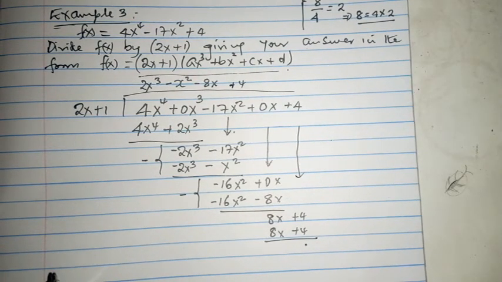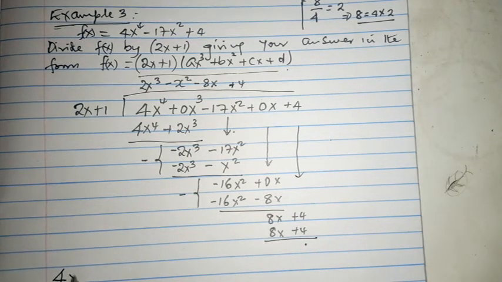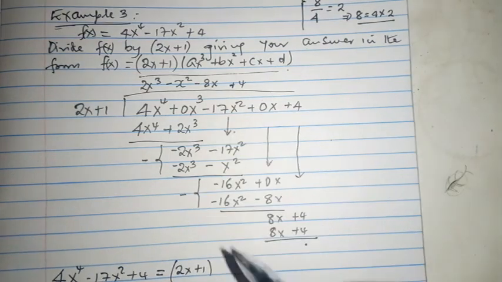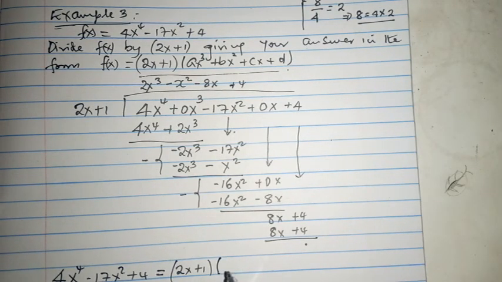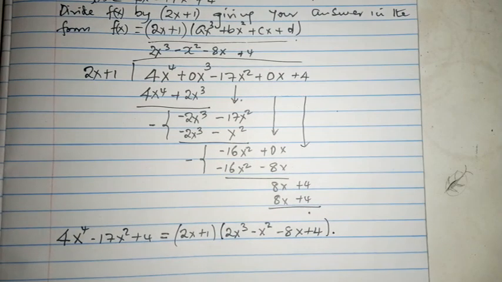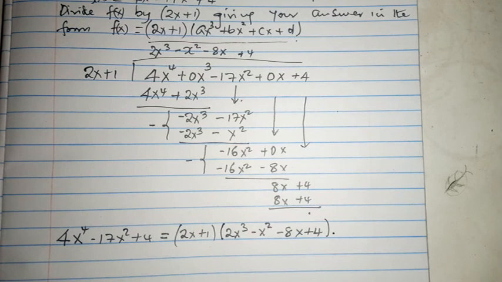Finally, we are told that 4x^4 minus 17x^2 plus 4 is equal to (2x plus 1) multiplied now by the quotient that is realized, which is 2x^3 minus x^2 minus 8x plus 4. And that is just what we are expected to give in that final submission.